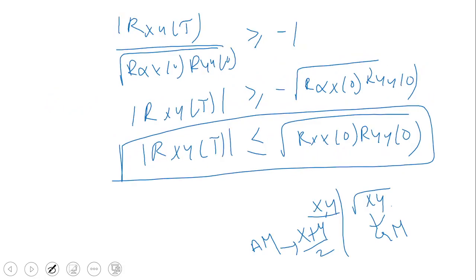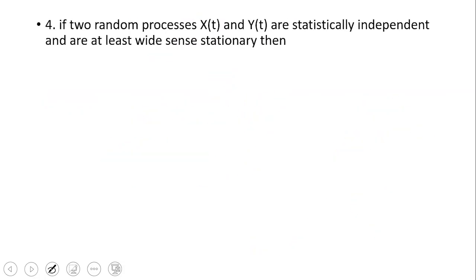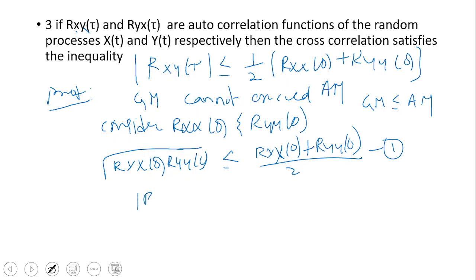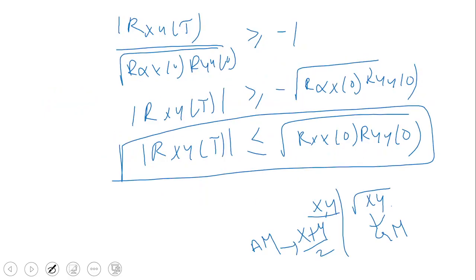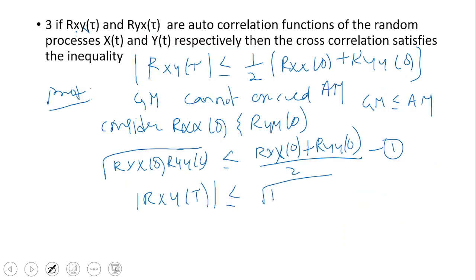Okay, so in the above property, we have modulus of Rxy of tau is less than or equal to the geometric mean, that is square root of Rxx of 0 and Ryy of 0. Take this as equation 2.